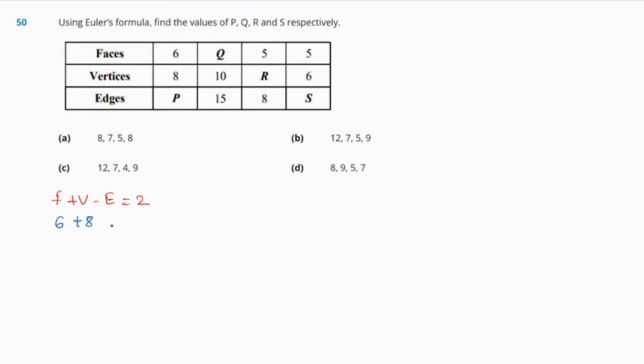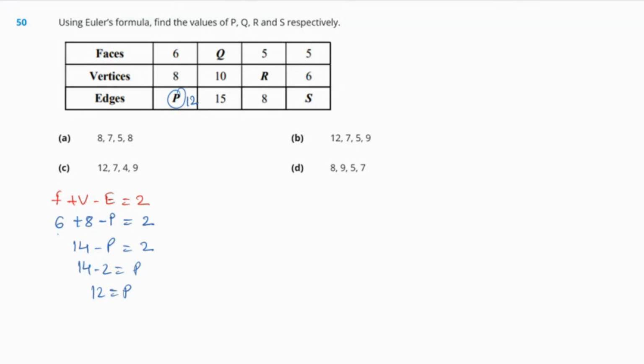The edges are not given to us, so edges is denoted here with P. Now 6 plus 8 is 14, and 14 minus P is 2. So P is 14 minus 2, which is 12. So P should be 12.